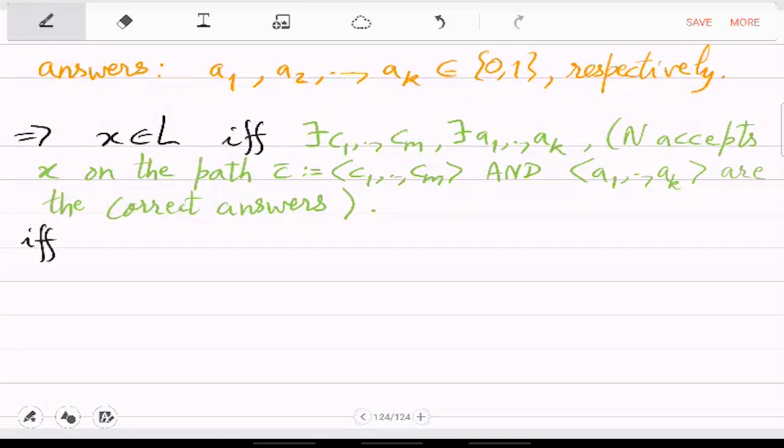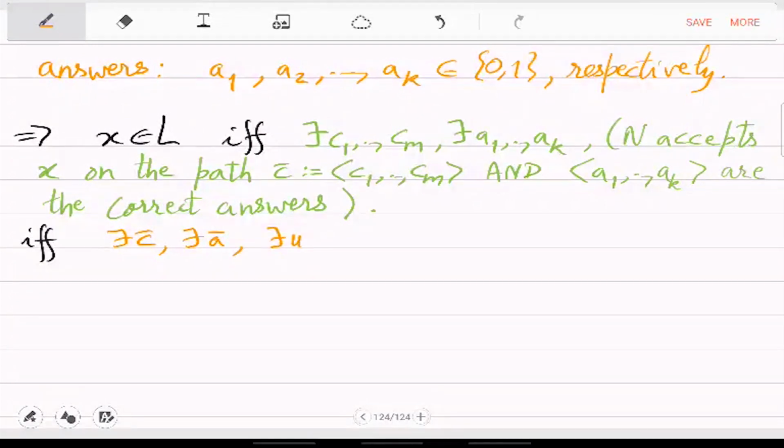So the thing is, how do you verify that A1 to AK are correct answers? For this, we have to go back to the definition of SAT and SAT complement. So that's what we will do. There exists C bar, then there exists this A bar, A1 to AK.